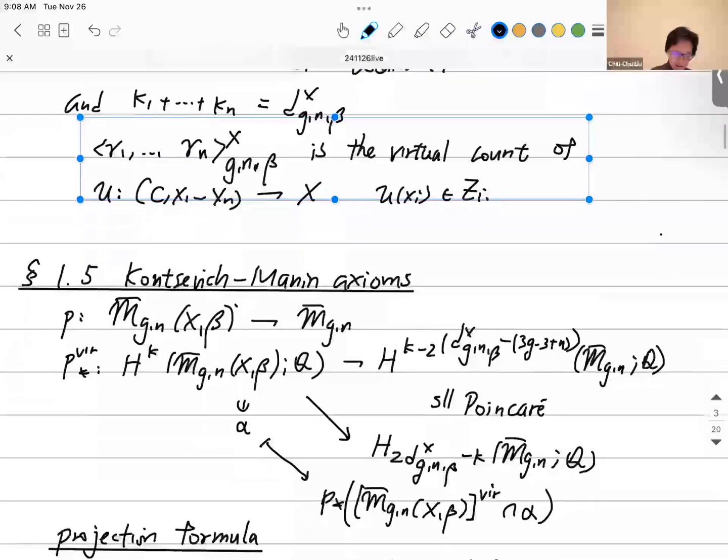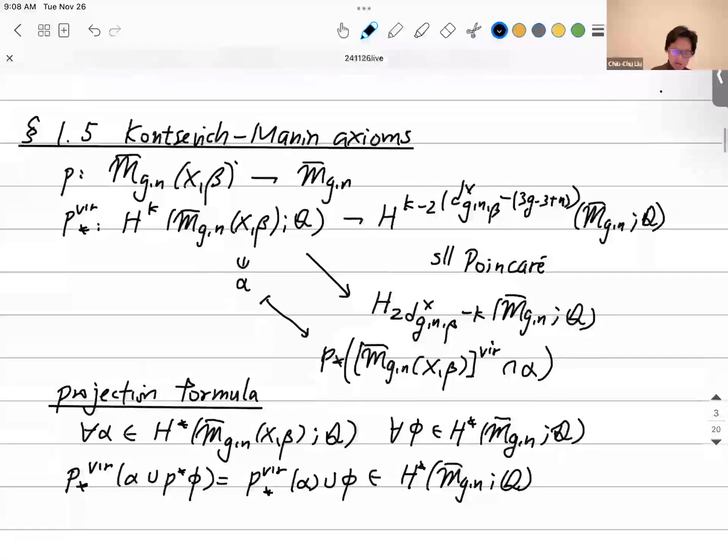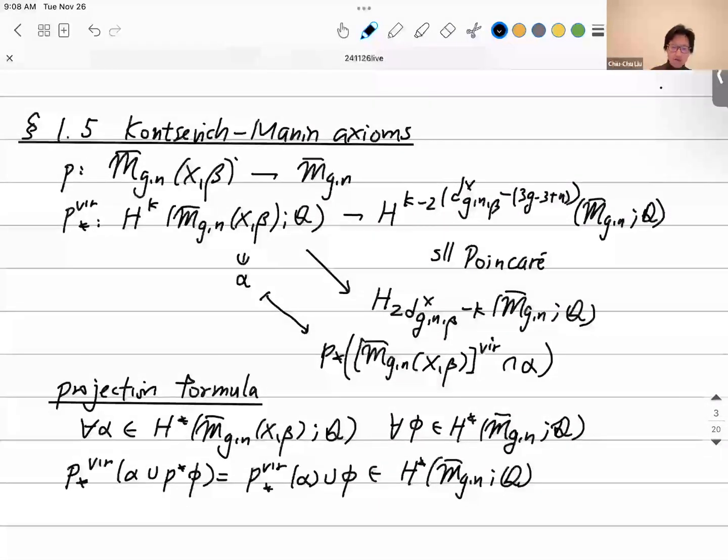Then the Kontsevich-Manin axioms are axioms about ancestor invariants. Recall that we have the projection from M-bar g,n,X,beta all the way to M-bar g,n, forgetting the map and stabilizing the domain curve.